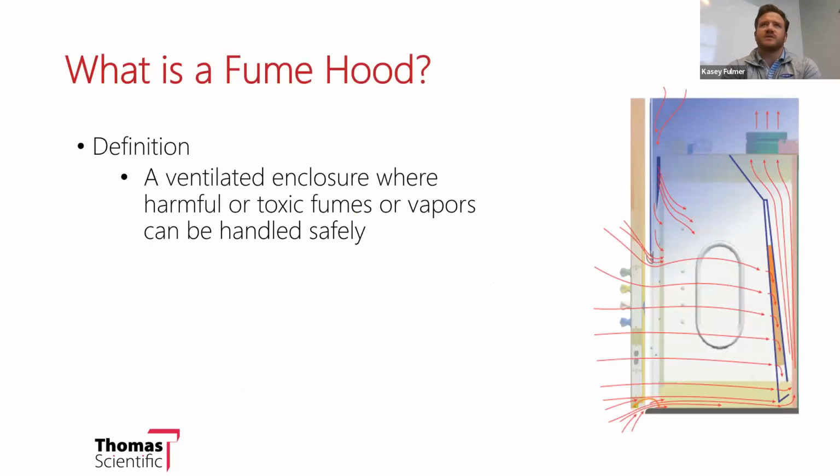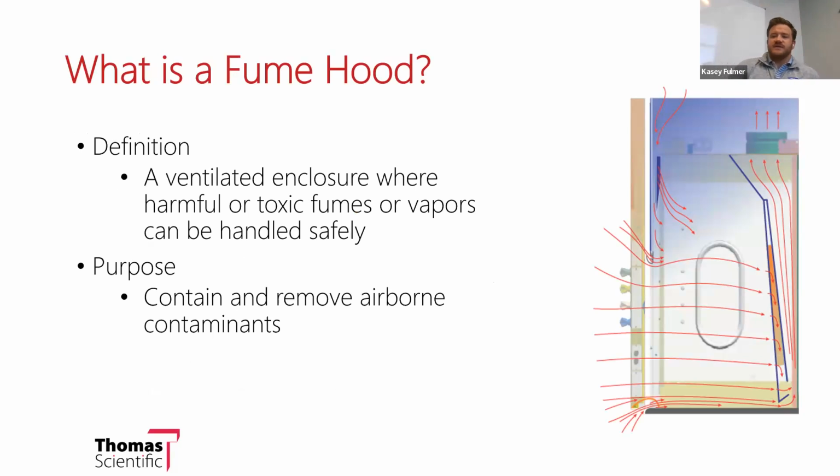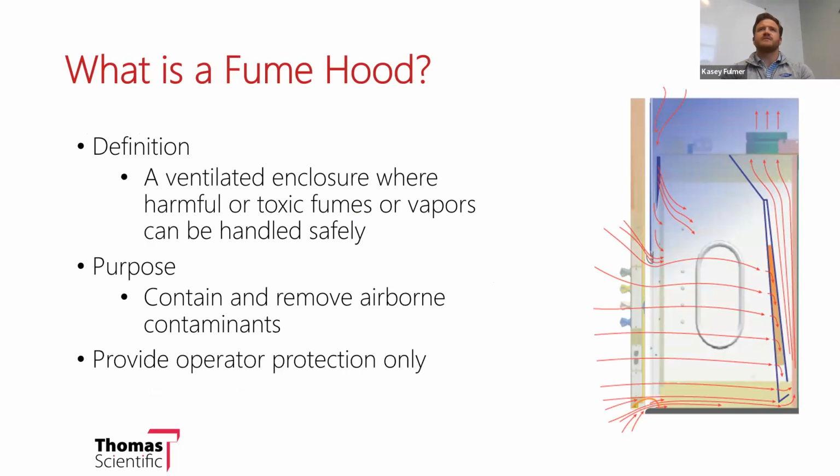So starting off, what exactly is a fume hood? Well, it's a ventilated enclosure where you can handle hazardous fumes, vapors, gases, aerosol, and non-hazardous dust safely. You can handle all of that. It captures and removes those contaminants and exhausts them in some fashion, typically outside, above the building. And these fume hoods offer operator or user protection only.